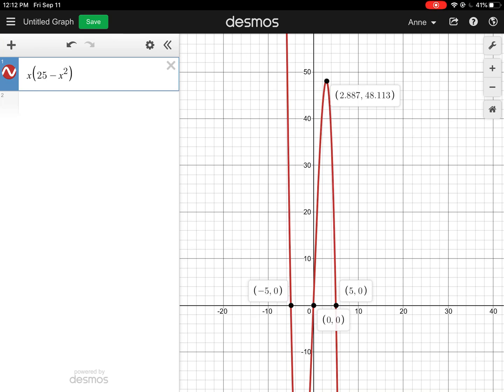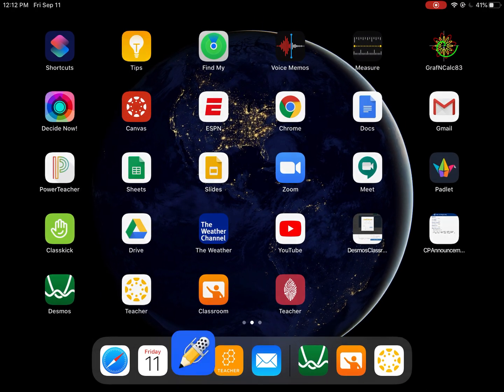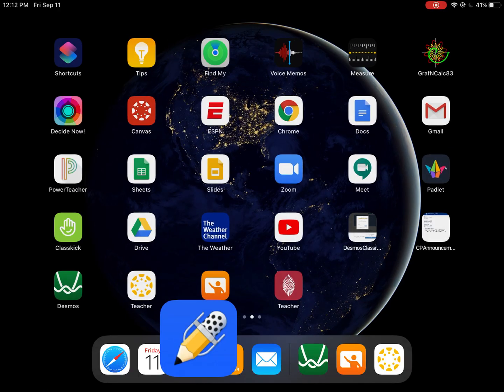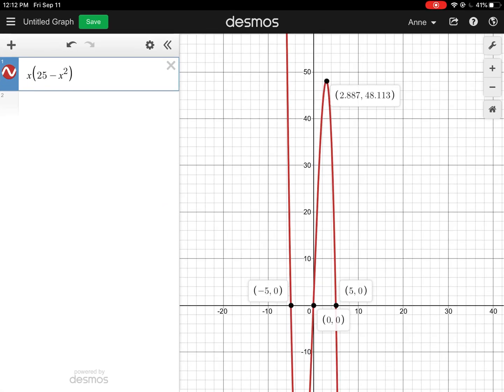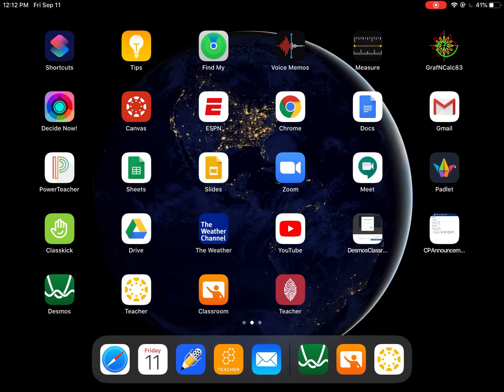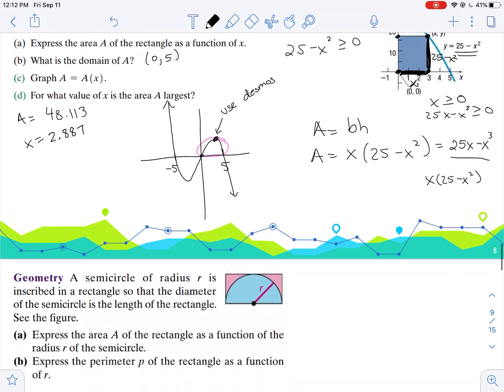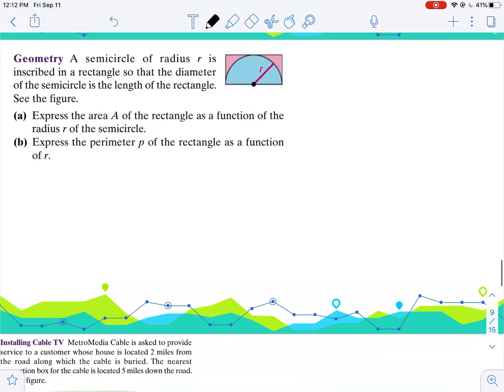And the biggest area that I can get is going to be 48.113, because that's the tallest the area function gets. So 48.113 is going to be the largest area. And that's when x was, sorry, they wanted the x value there. The x value was 2.887. So you get the largest area when x is 2.887, and the largest area was 48.113.